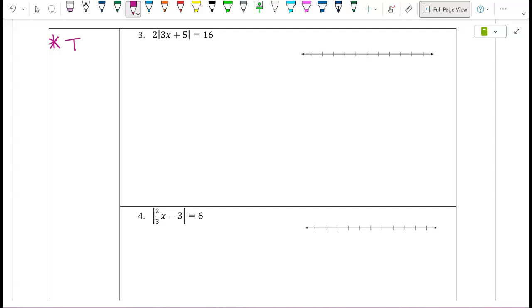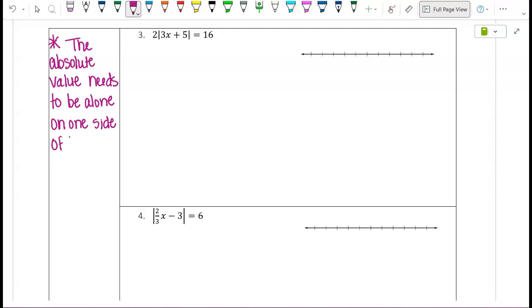The absolute value needs to be alone on one side of the equal sign before solving.